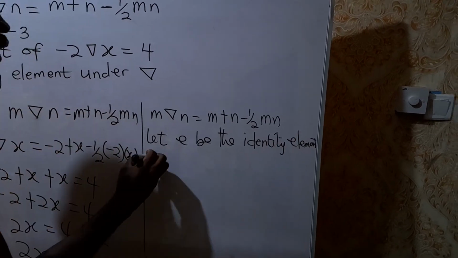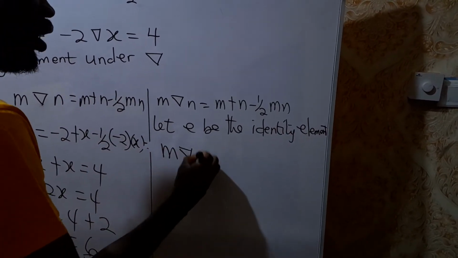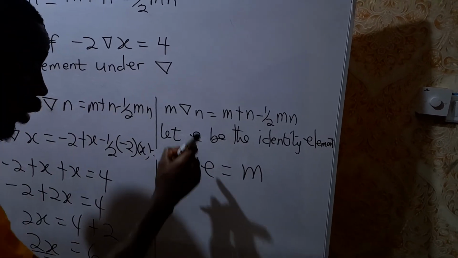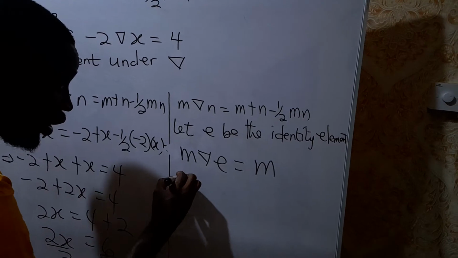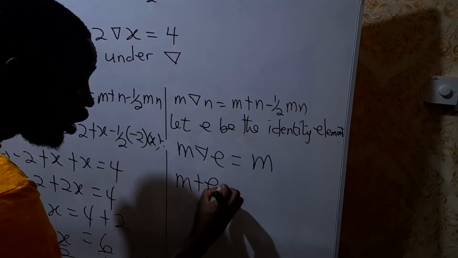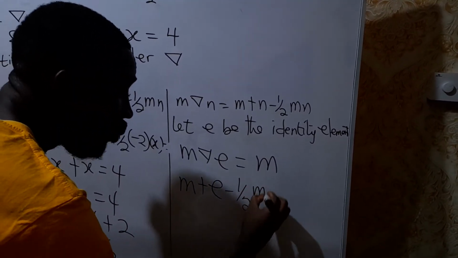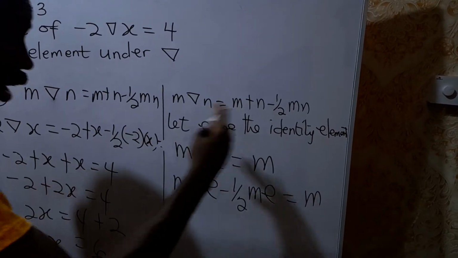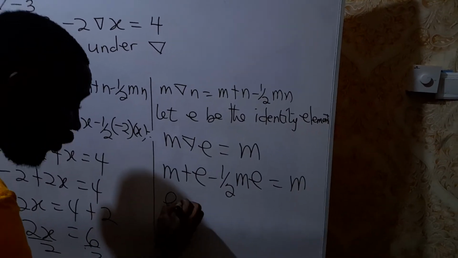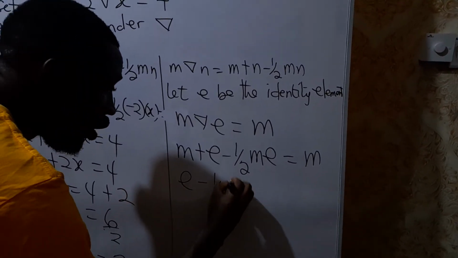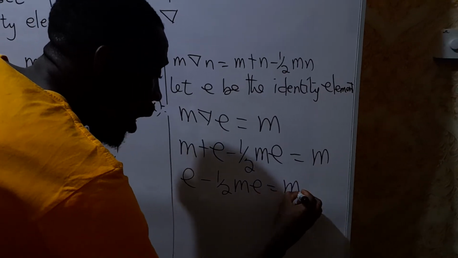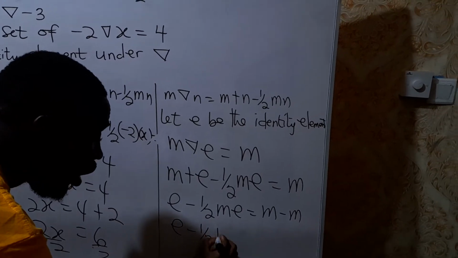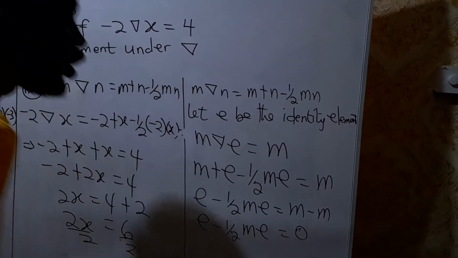Then we can say that m nabla E, the identity element, will give us m. So any place we see n, we substitute the e. So we can say m plus e minus half me is equal to m. Now we can send the m there. So we have e minus half me equal to m minus m. So e minus half me is equal to 0.